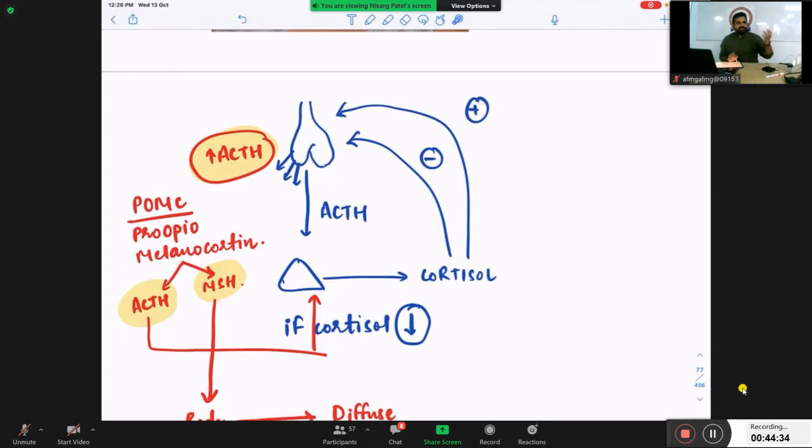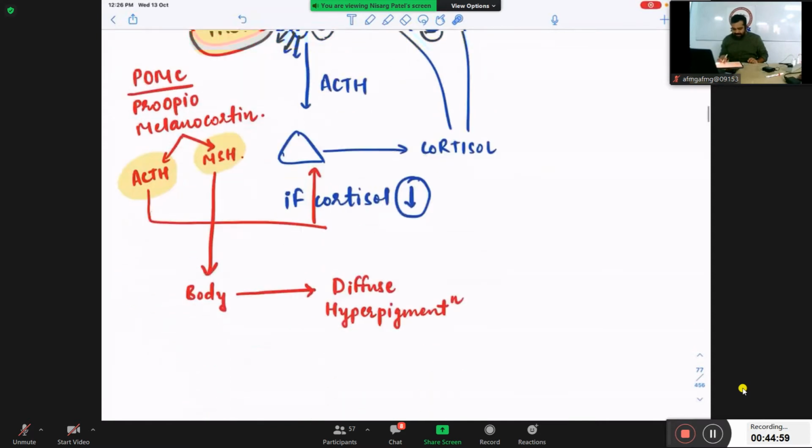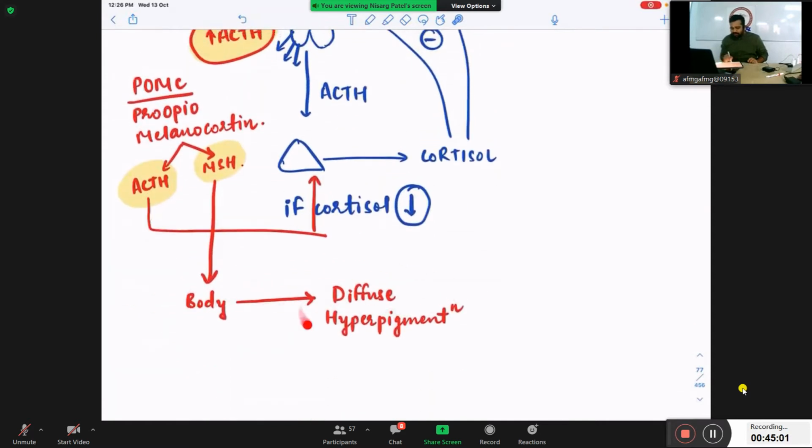So when I am using this to synthesize ACTH, what is it doing? आपको पता है hormones कैसे बनते हैं? I will cut the peptide chain, and cutting the peptide chain, I will use this as a hormone. And because of this, I'm forming one hormone, ACTH, for the stimulation of which gland? Adrenal gland. Along with that, I have formed one hormone which is melanocyte stimulating hormone. And this melanocyte stimulating hormone will go in the body and will cause diffuse hyperpigmentation.